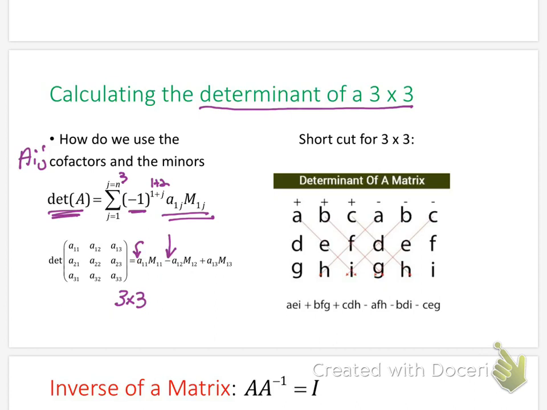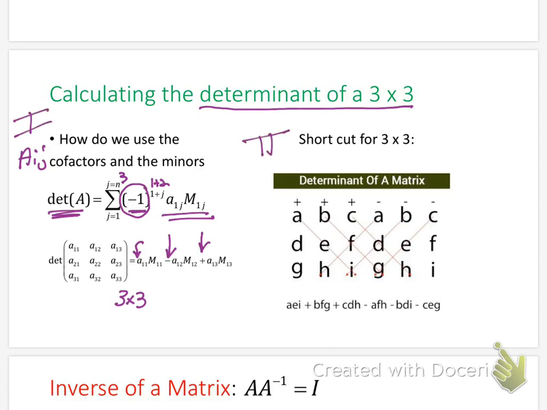Then the next one, A13: 1 plus 3 is 4. 4 is even, so this raised to a positive power will be positive, and that's why that's an addition. So if you do A11 times M11 minus A12 times M12 plus A13 times M13, you will have the determinant. So that's one way.